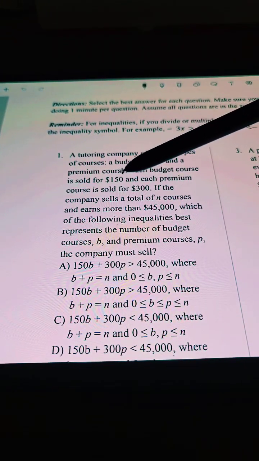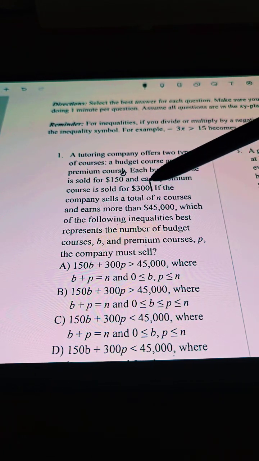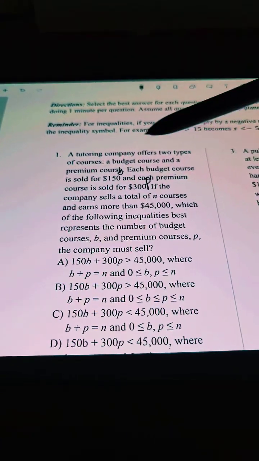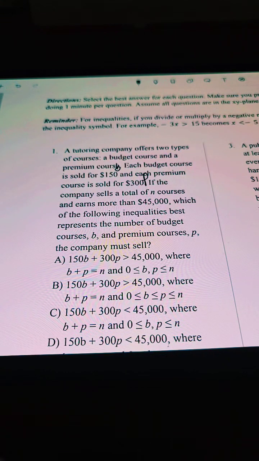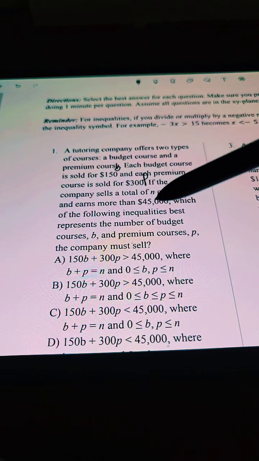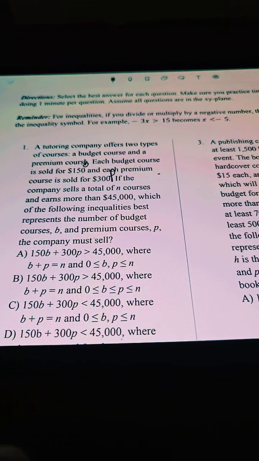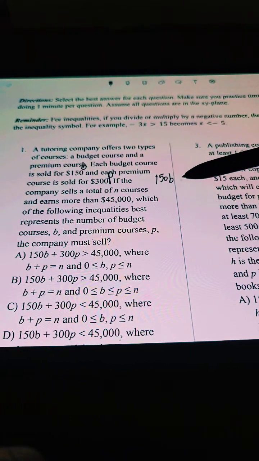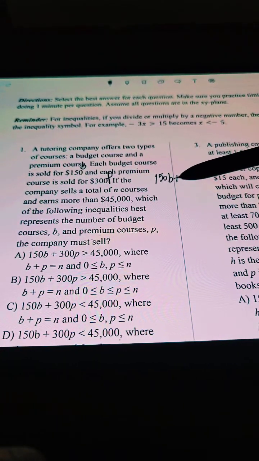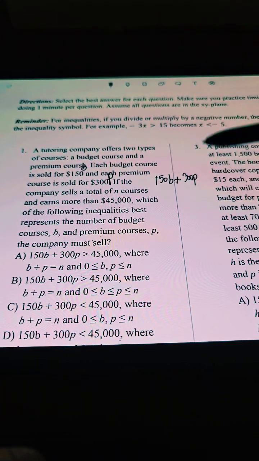So I'm going to put a little B by the 150 because that's the price for each budget course, and then a P by the 300 just to remember that. So if we are trying to figure out how many budget courses and premium courses are being sold in order to earn more than $45,000, we have to do $150 times the number of budget courses the company is going to sell, plus 300 times P, the number of premium courses that are going to be sold.